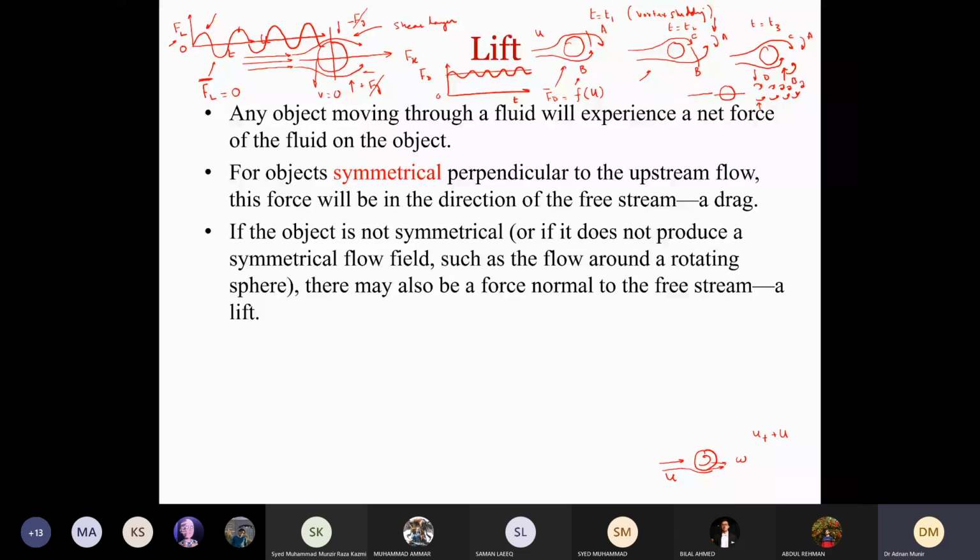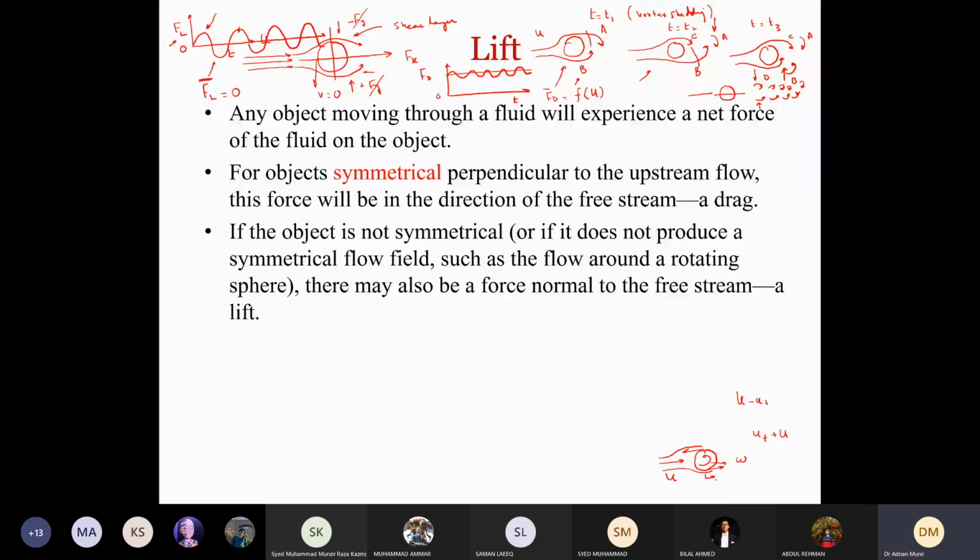So here it will be u minus u_t. The velocity on top will be reduced and there will be more velocity on the bottom, right? So now if the velocity here is more, pressure will be low here.